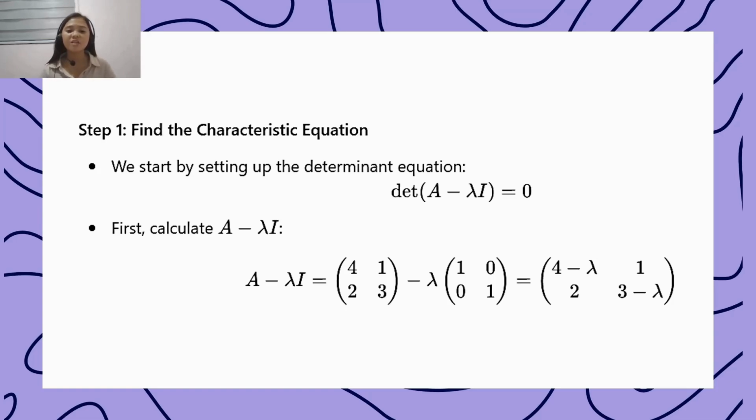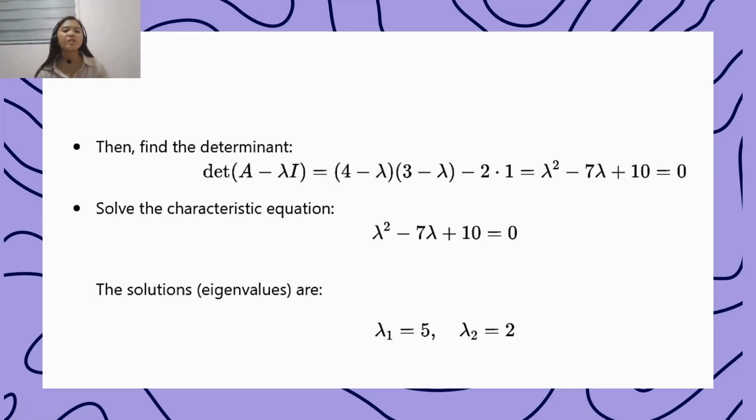Our given matrix has first row 4, 1, and second row 2, 3, minus lambda times the identity matrix, which has 1 on the main diagonal and 0 in the remaining spots. If we simplify this, the answer is 4 minus lambda, and then 1, and 2, and the remaining is 3 minus lambda.